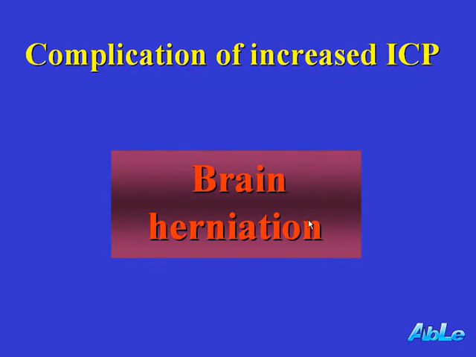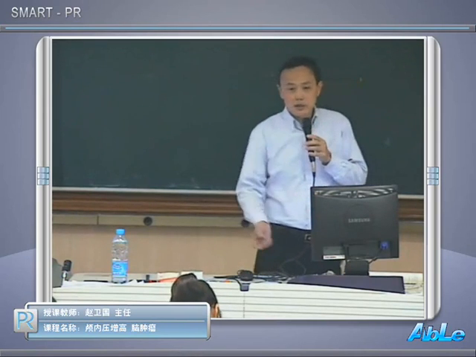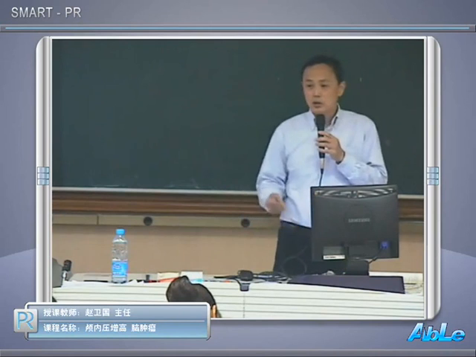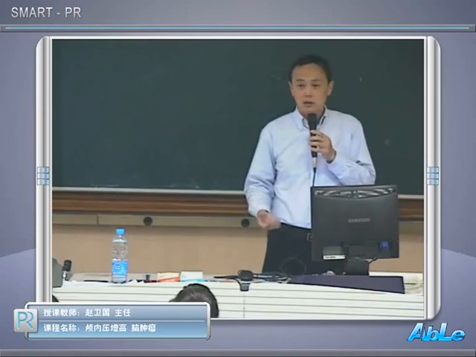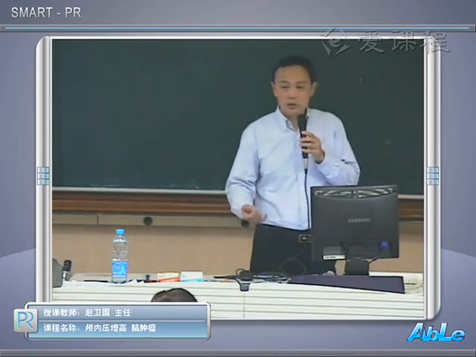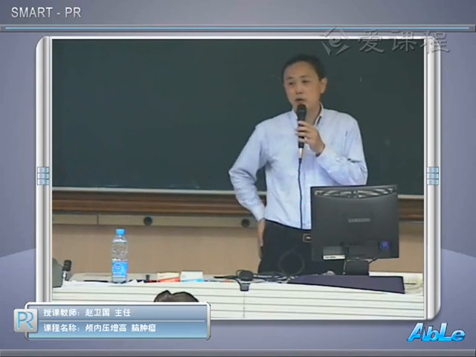Complication of increased ICP: brain herniation. Brain herniation is a great concept, and you have to understand what it means. When the ICP increases and gets to a critical point, as I mentioned in the picture, only a very small amount of brain volume increase, whether due to blood, hemorrhage, swelling, edema, or necrotic brain tumor tissue, will cause an increase of brain volume.